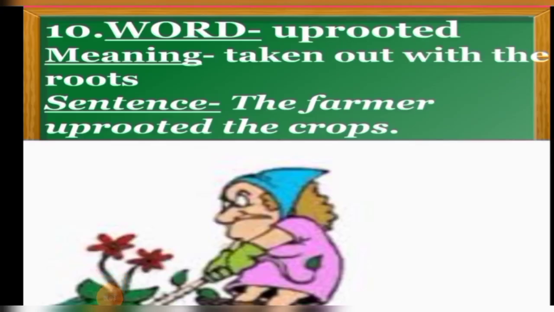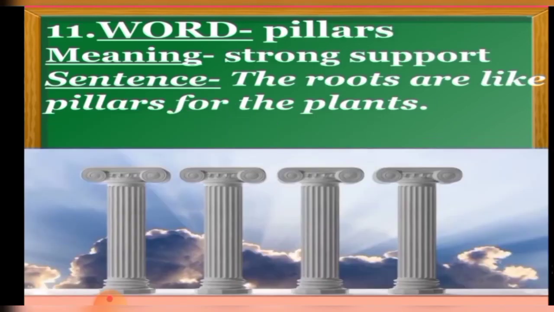Next word is uprooted. Taken out with the roots. The farmer uprooted the crops. Next word is pillars. Strong support. The roots are like pillars of the plants.